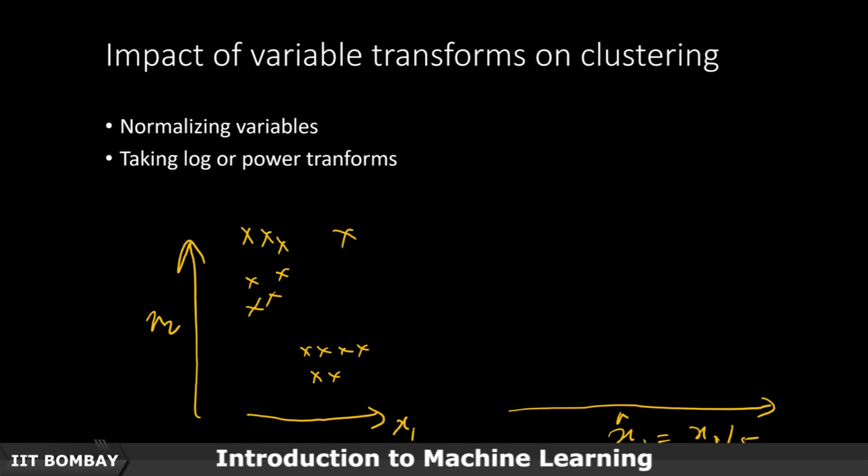So I am going to stretch my axis. So the same number of points are going to be stretched in one direction and not in the other direction. So what could have been a clustering like this, now becomes a clustering like this.